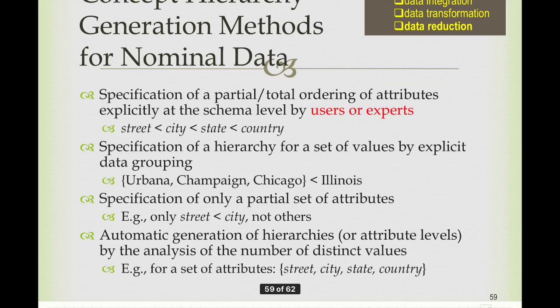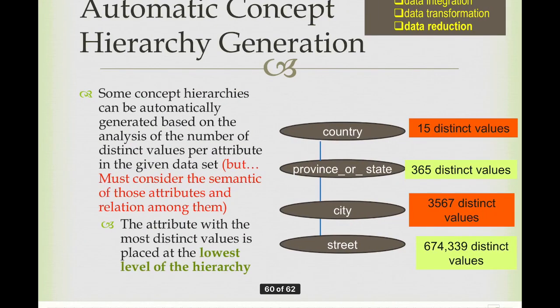And then for the concept of hierarchy for nominal data, we must specify the ordering of the attributes, okay, by a schema given by the user or expert. So for example, in here, the schema of hierarchy is that the top level of the hierarchy would be country. Then we have state, then we have city, then we have street. So this is an example of it.